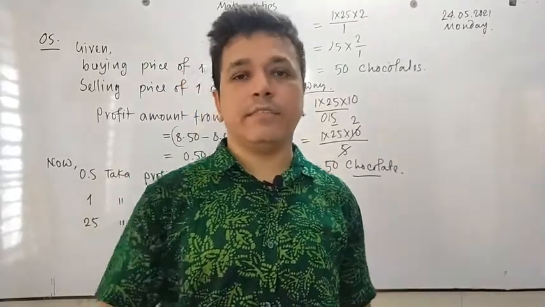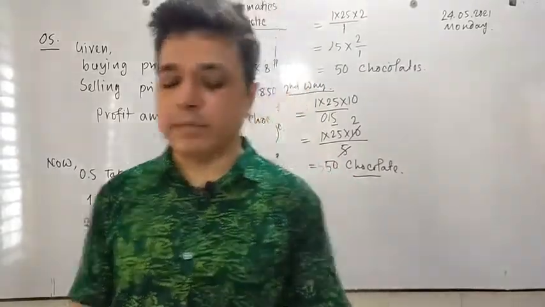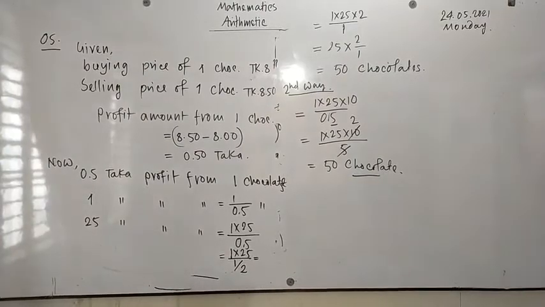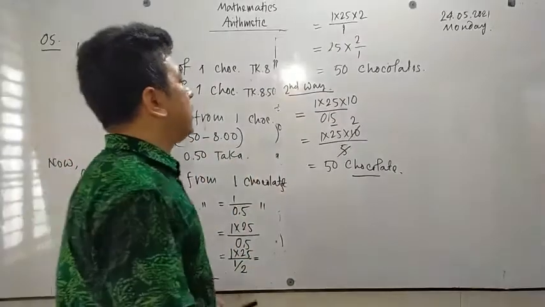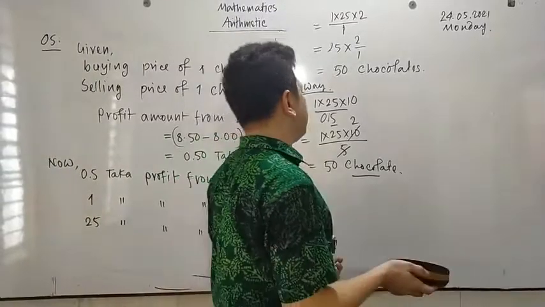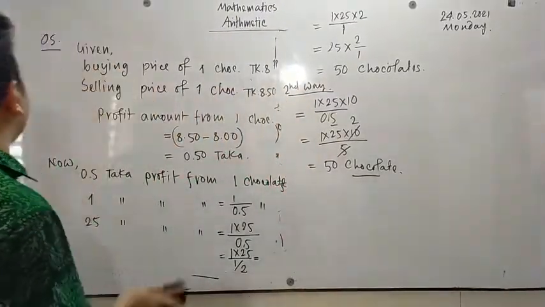So easily we have seen here he made a profit of 25 taka from 1 meter. The total amount of profit he made is 2000. So the question is how many meters of cloth he bought.